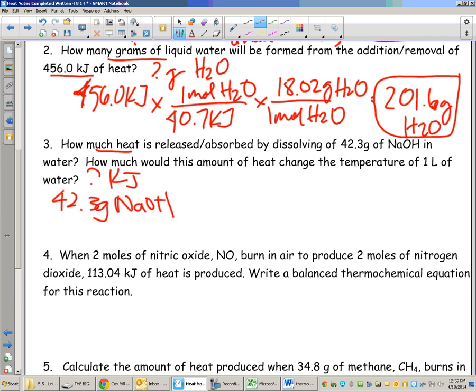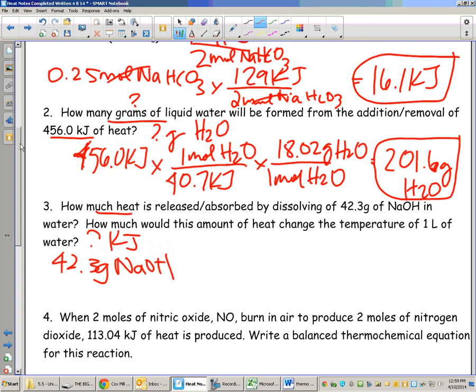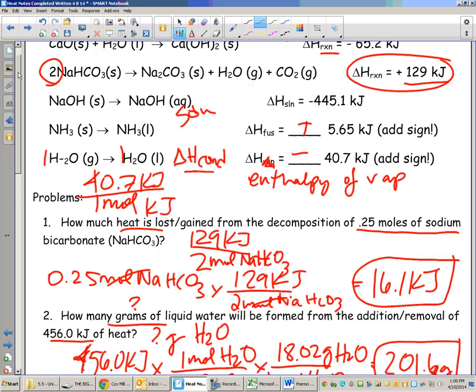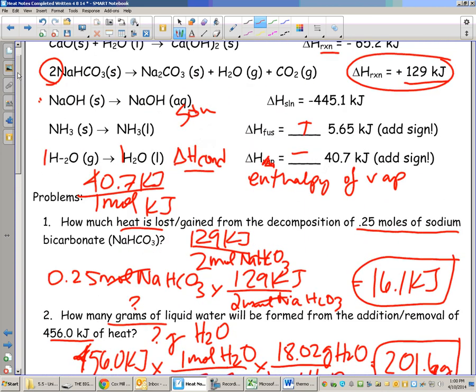So let's go back up to the top and see which one's relevant. Okay, so this one right here. The solution process is going to feel hot, right? It's going to put out 445.1 kilojoules per what? How do you know? 1 mole, 2 moles, what? Right, because the coefficient is 1 here.